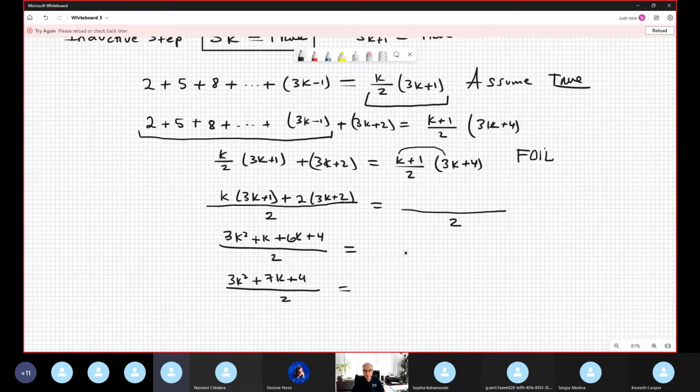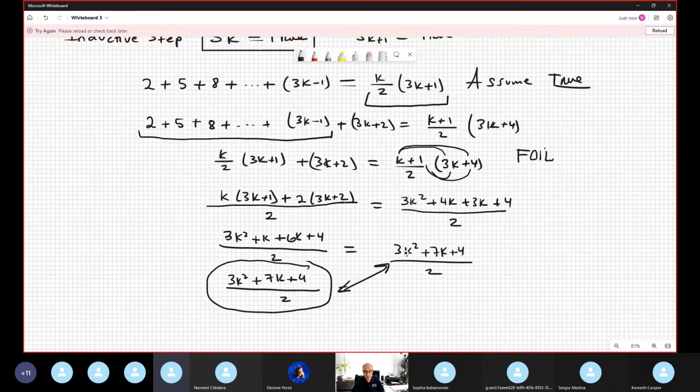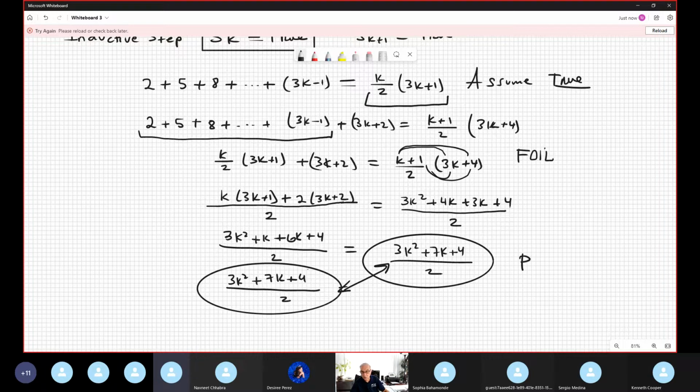You multiply: 3k squared, 4k, 3k, and 4. One more time, we combine later, we have 3k squared plus 7k plus 4 divided by 2. Boom. And this expression is identical to this expression. And we prove that by mathematical induction.